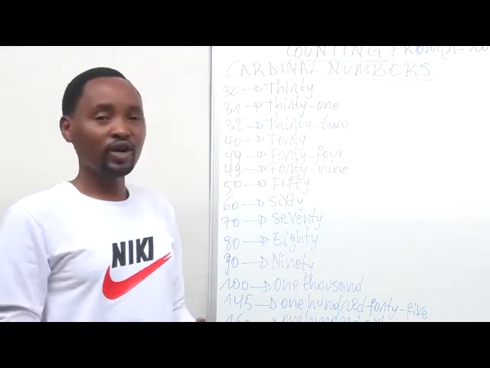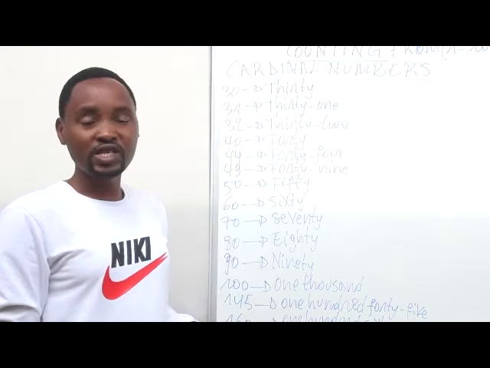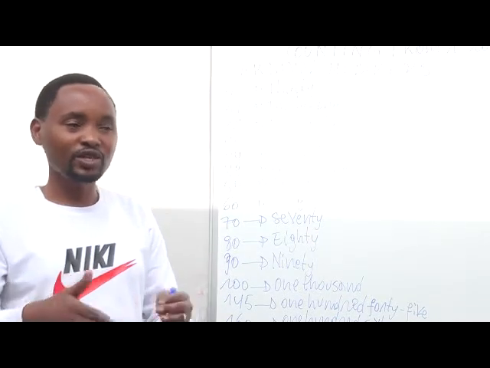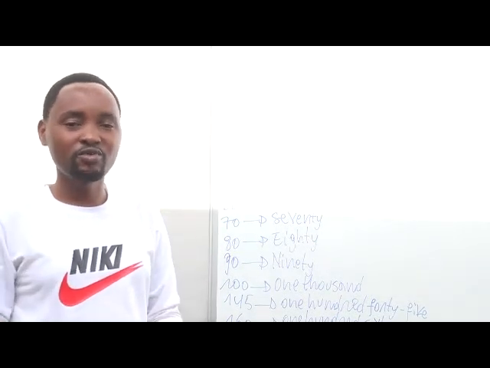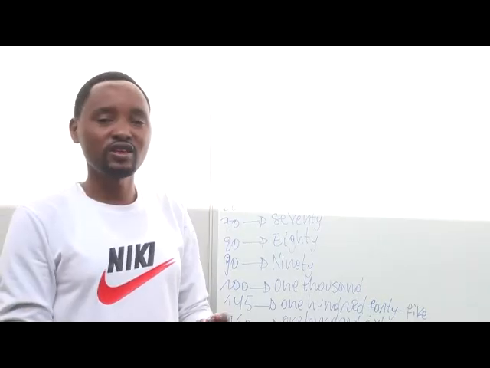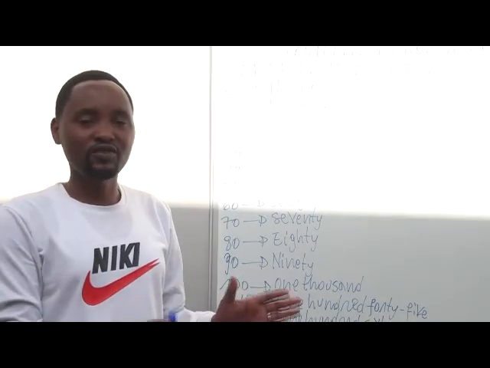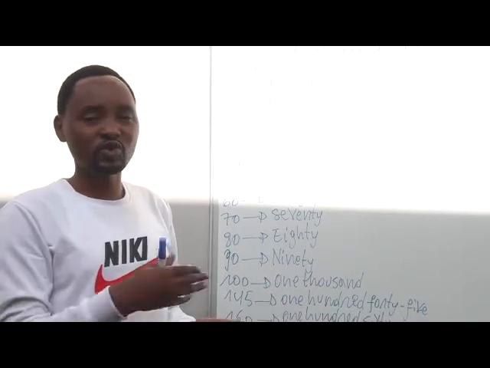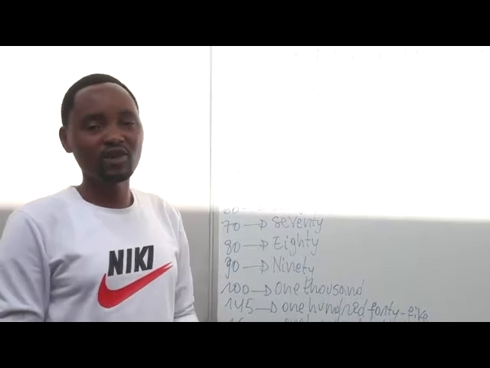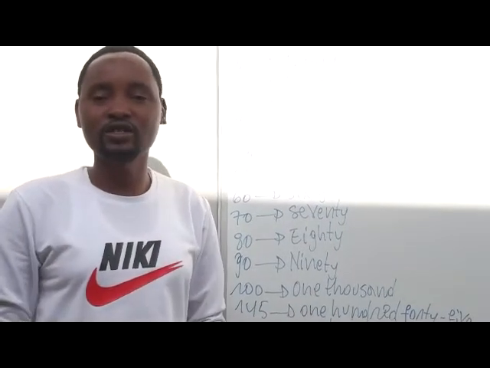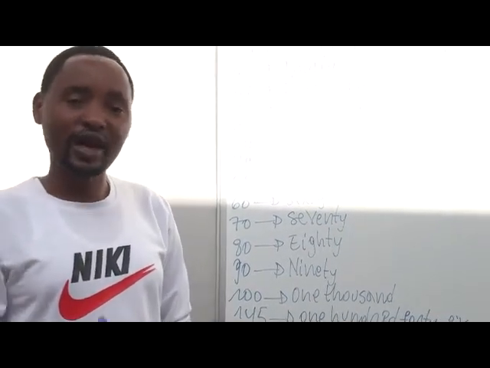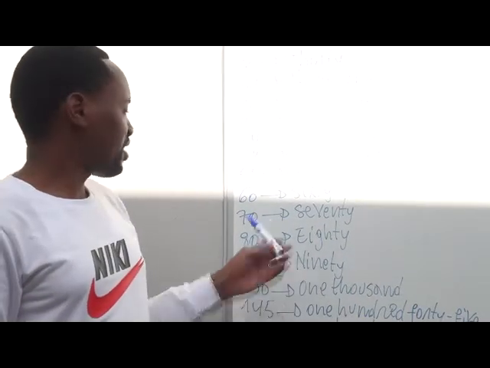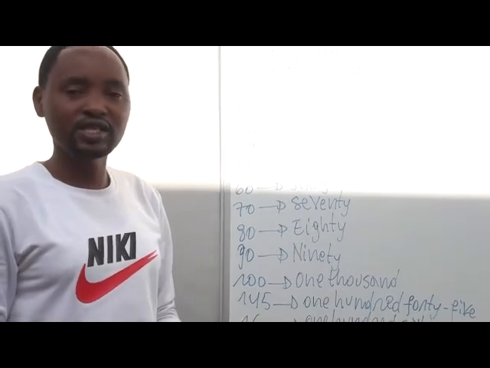After 50, we are going to skip 10 from 50 to 60, and continue by skipping 10, because you already know how to deal with 2 numbers. The first one is read and the second one is read, but they should be separated with a hyphen, as I have already taught you.